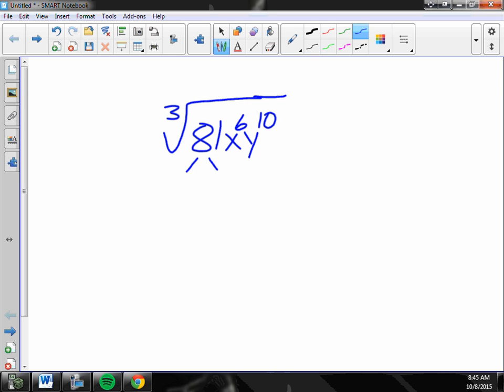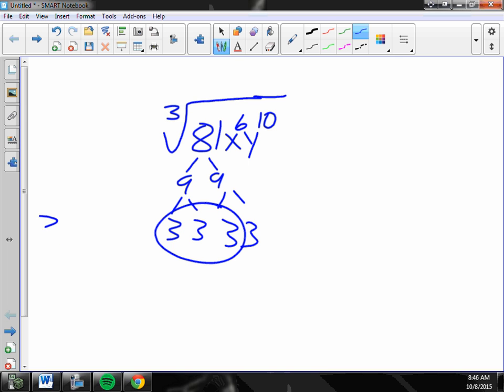So it's really not any harder. One, 3, so 3. How many groups of x's? 2, for real this time. So x squared. How many groups of y's? 3 with how many left over? 1 left over. So y to the third, and then we have the cubed root.